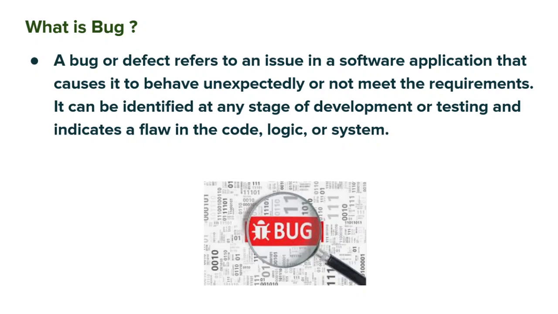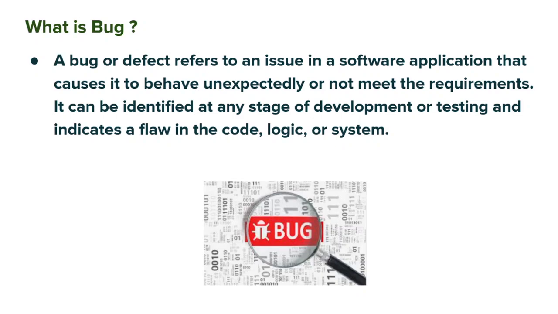A simple example: if you have a login screen and the requirement is that after you log in with the correct username and correct password, you should be redirected to the dashboard of the application. The user should be able to log in once he provides the correct username and password.